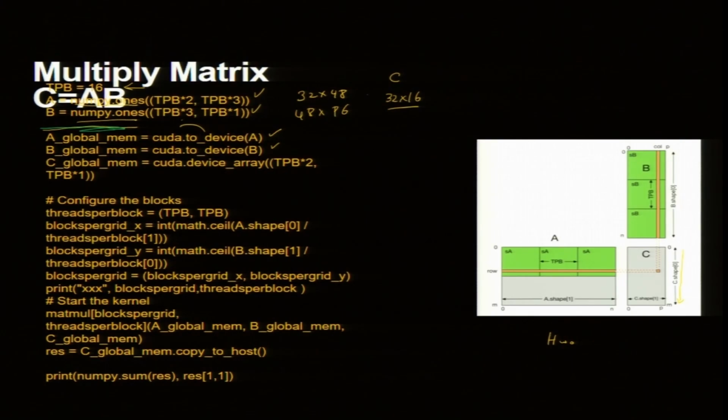Similarly, I transfer B, but for C I create an array using the device array function. This part I did not write at the top: from numba import cuda. This cuda is a module.